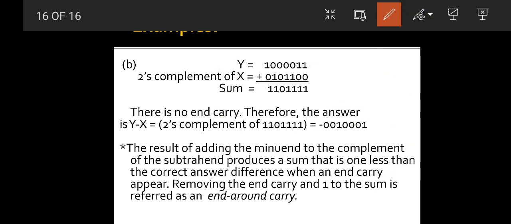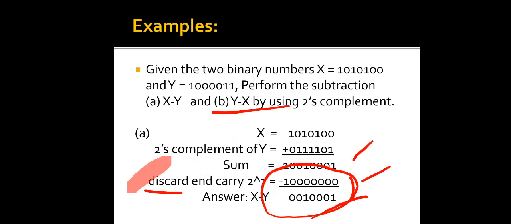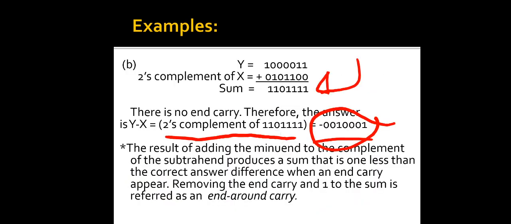All you have to do is get the 2's complement of your sum. After getting your 2's complement, you have to put a negative sign. As you can see, your result is the same as the previous result, the only difference is that it has a negative sign. So, that's all.